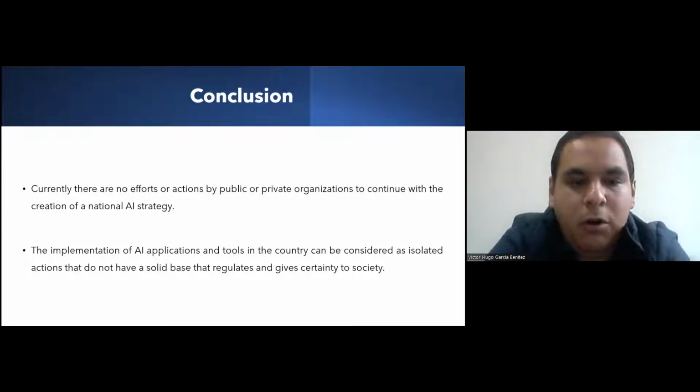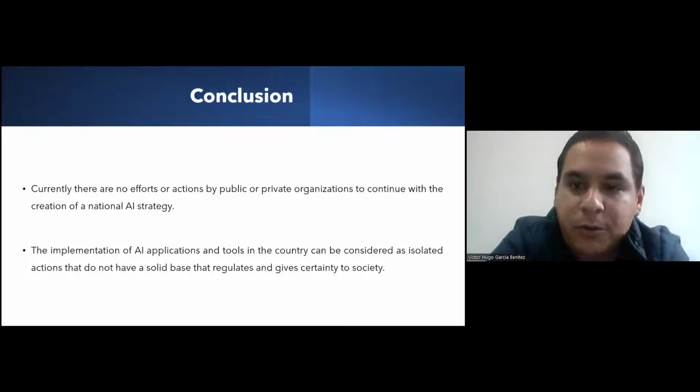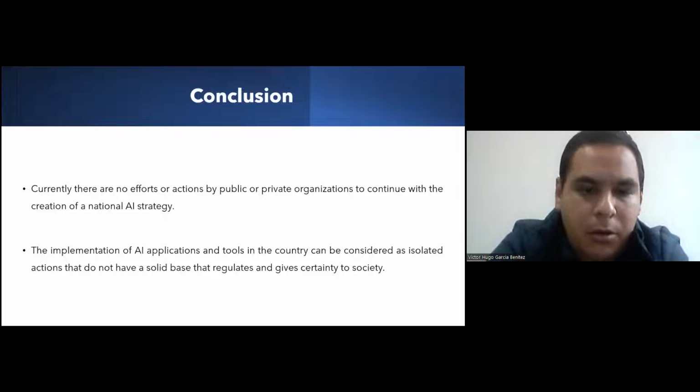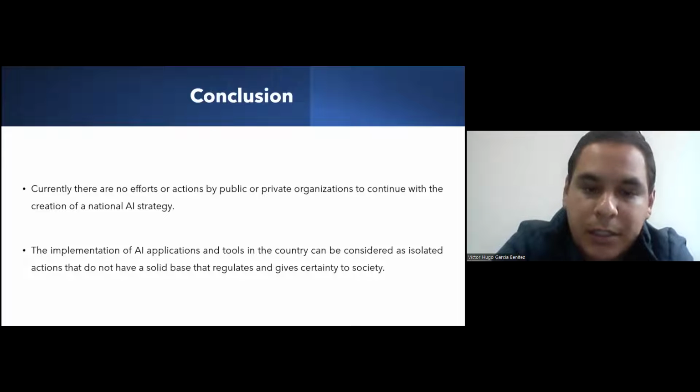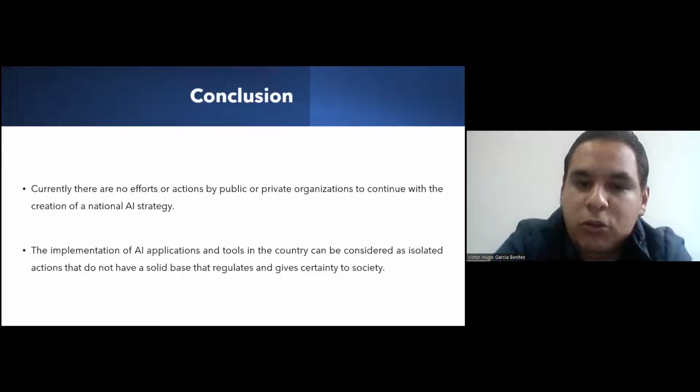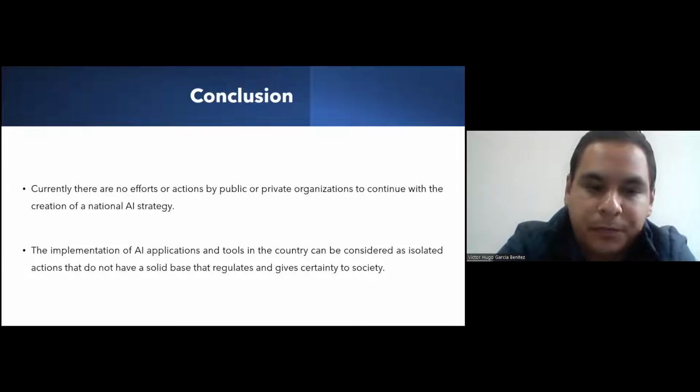The present work has areas of opportunity to deepen the investigation regarding the national AI strategies in Mexico, considering new documents by the different sectors of society in the field of artificial intelligence, in addition to expanding the analysis from the ethical and human rights perspective.